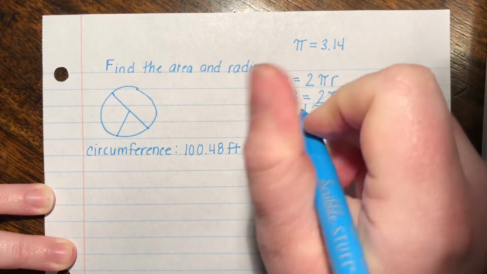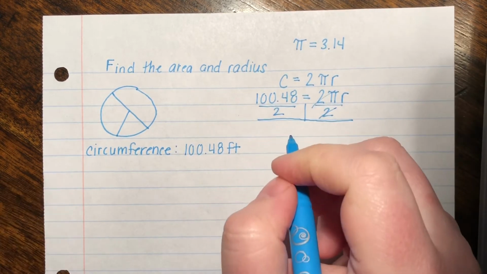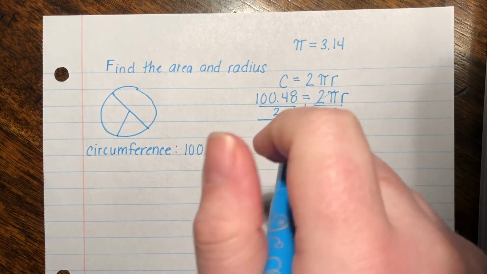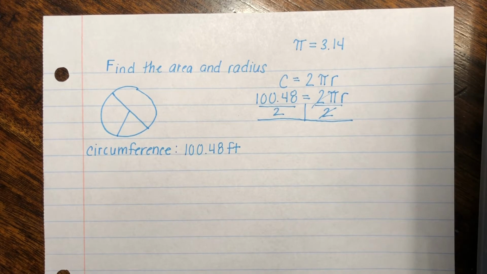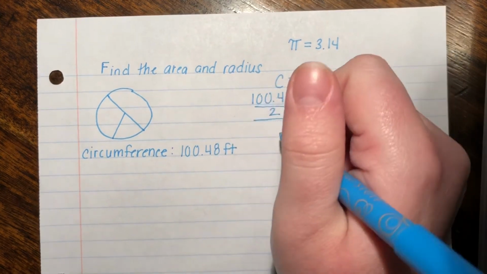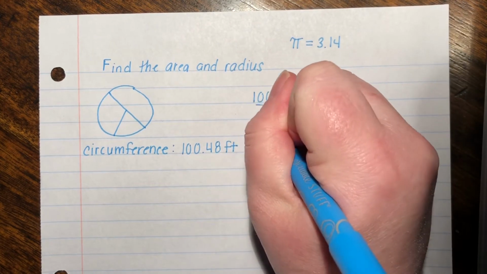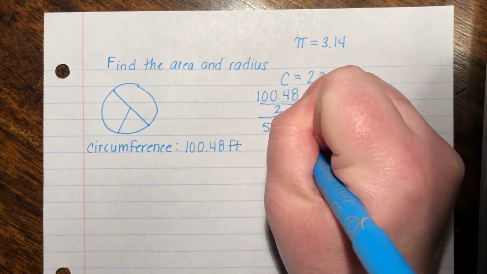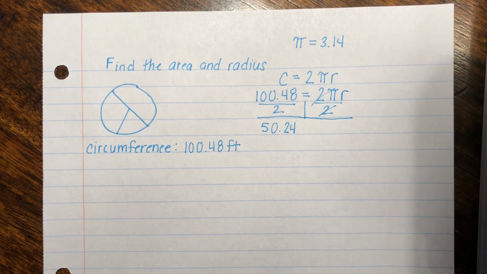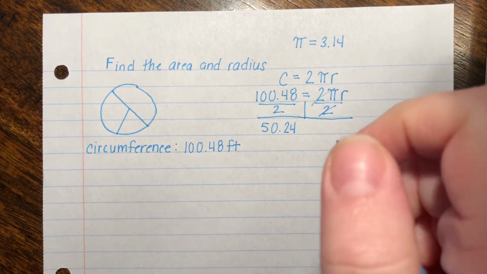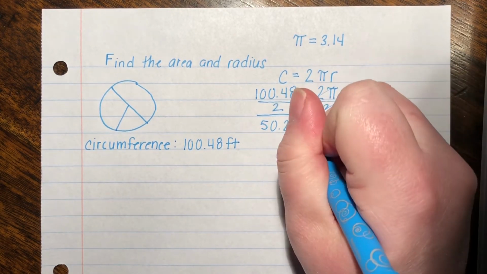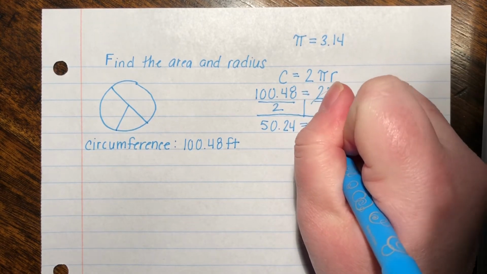Okay, 2 over 2 is 1, so I can cancel that out. 148 hundredths divided by 2 is going to give us 50.24, 50 and 24 hundredths. On the other side, we're just left with the pi and the r.